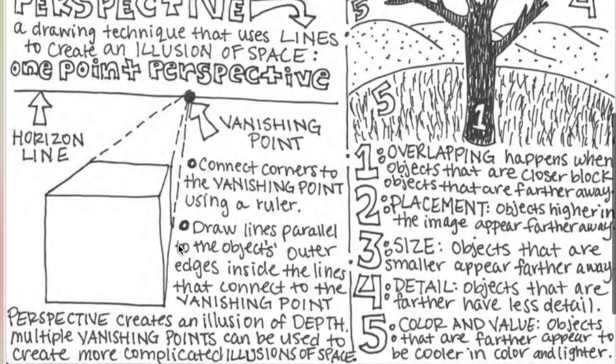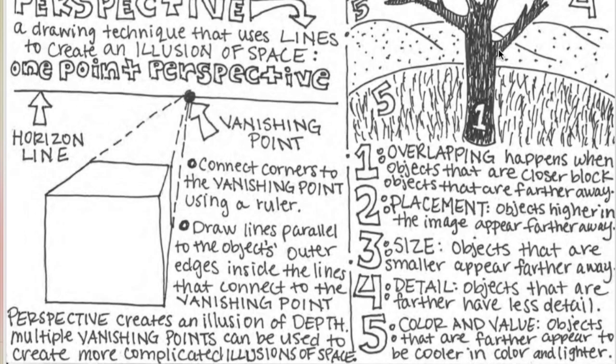We connect the corners using the vanishing point and a ruler, and we draw lines parallel, so lines that echo the object's outer edge, inside your guidelines that connect to the vanishing point. Perspective creates an illusion of depth. Multiple vanishing points can be used to create more complicated illusions of space, and that's something we're working on a couple weeks from now. We're just working on one-point perspective this week and creating space.